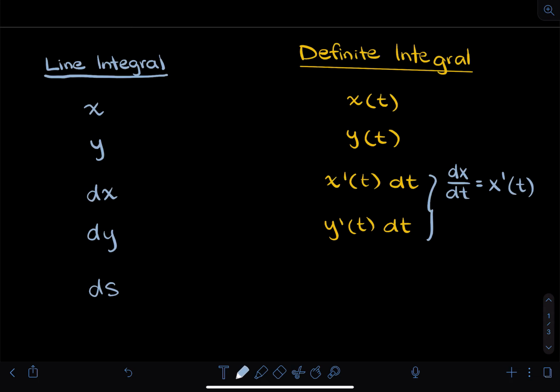Now, with just some simple rearrangements, I could therefore say that dx should probably be equal to x prime of t dt, which is essentially what we're saying here, and then we can just repeat that with a function y instead. And so this allows us to transform a dx into a dt.